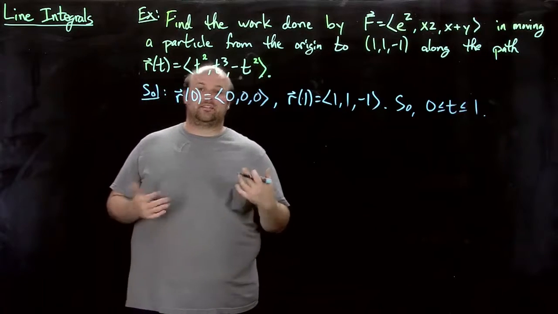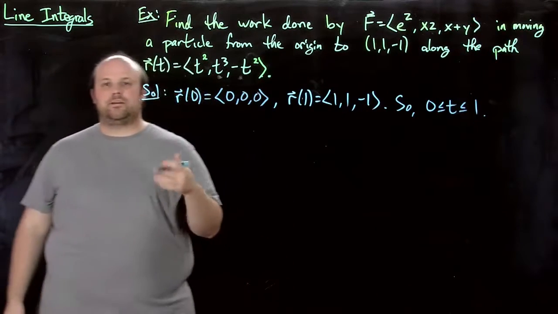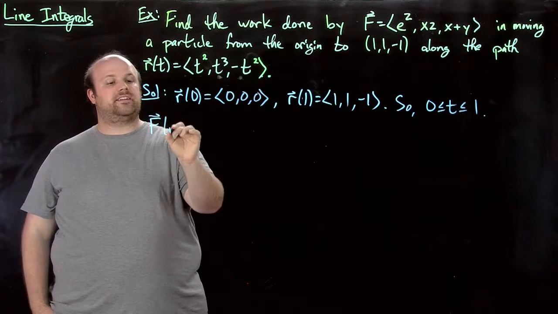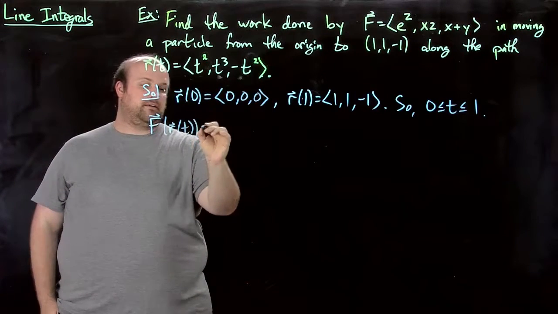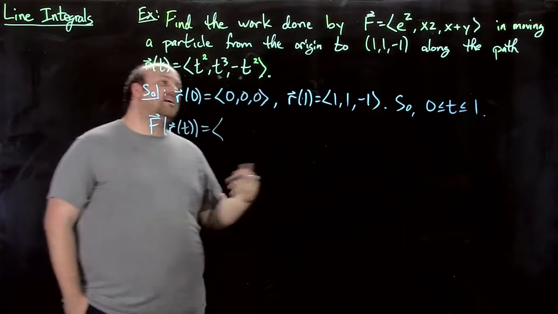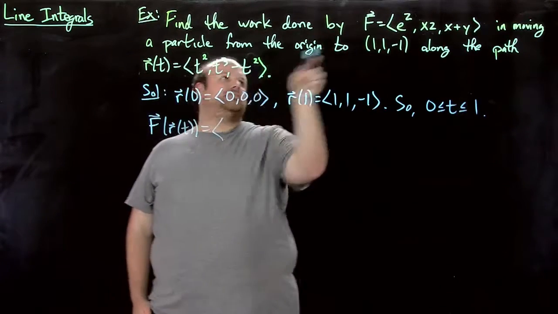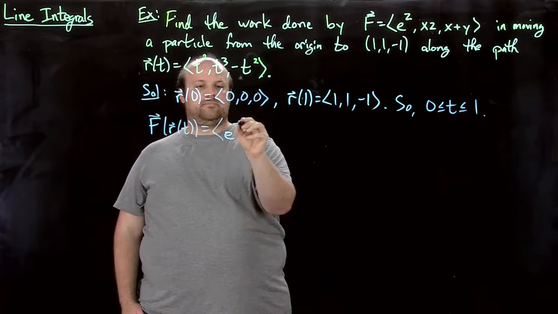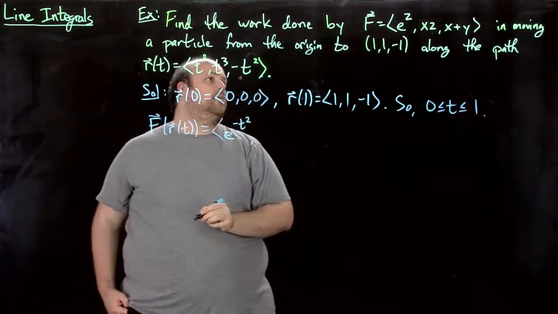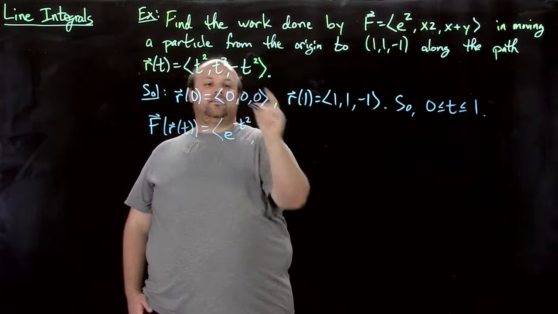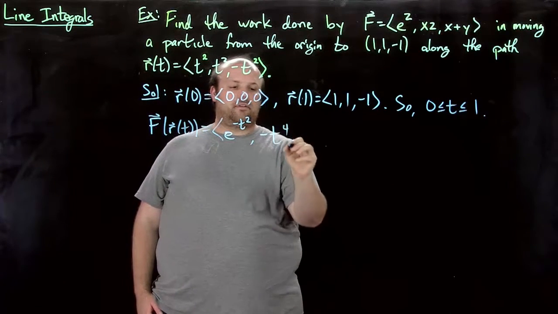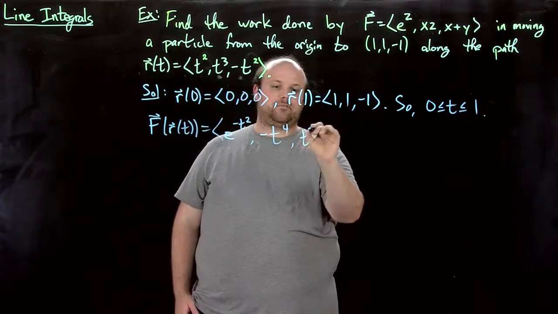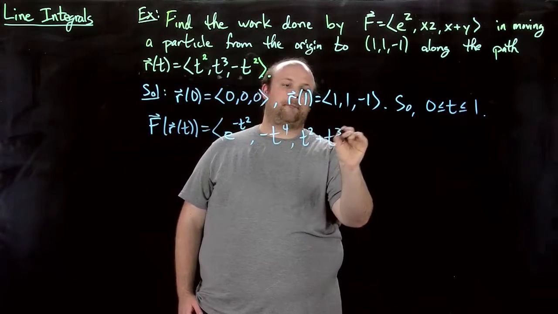Now we need to compute the line integral, so let's compute the pieces that we need. One of the first things we need is F of r of t, which is just given by plugging this in here. So we get negative e to the minus t squared; x times z is going to be negative t to the 4th; and x plus y is t squared plus t cubed.